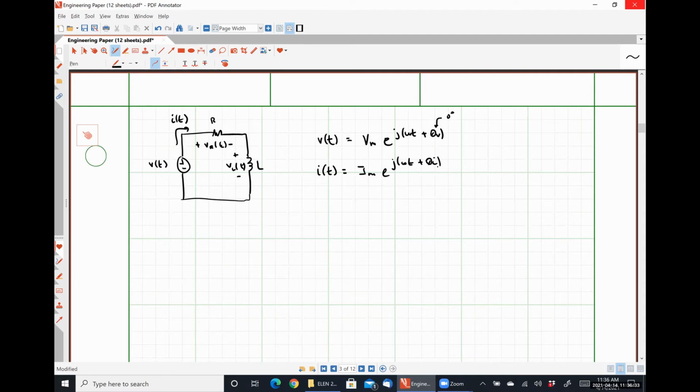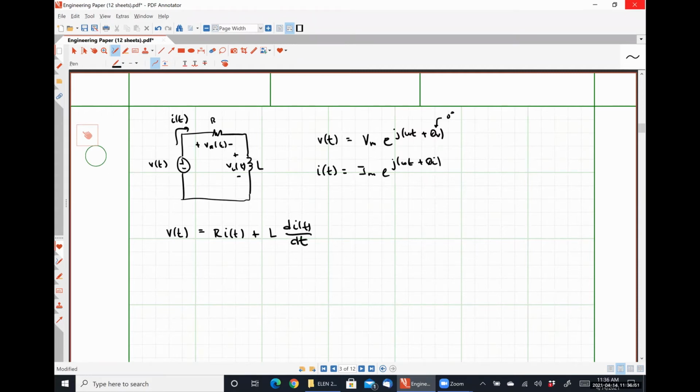So, if you recall, I had a differential equation that said that V of t was R times I of t plus L times di by dt.